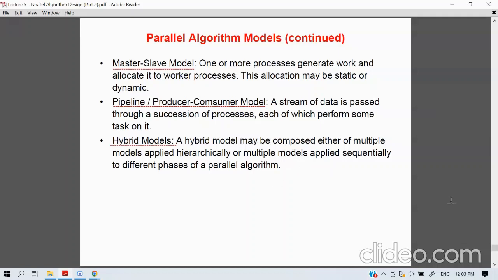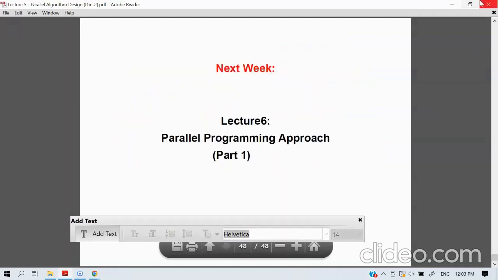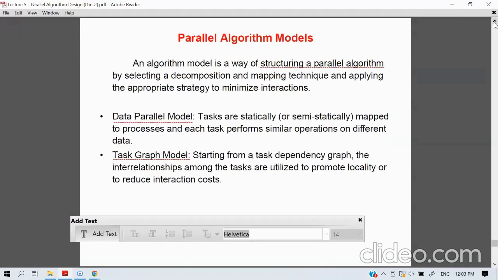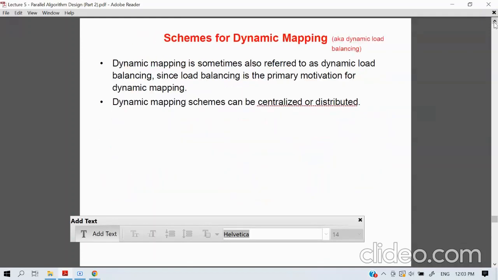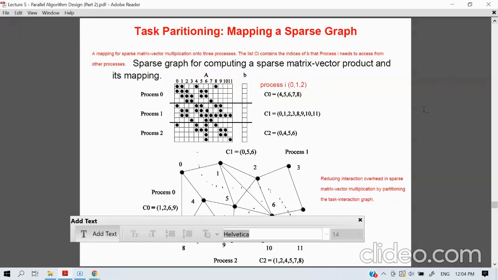Okay, I think this is the last slide. So to conclude, what we have learned today. Basically, there are many types of mapping techniques.